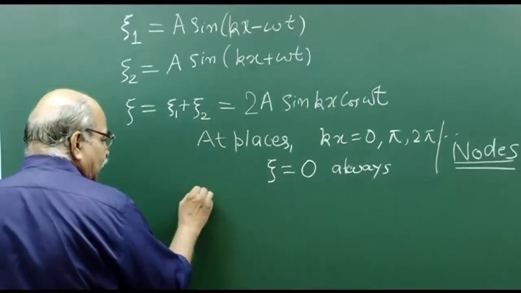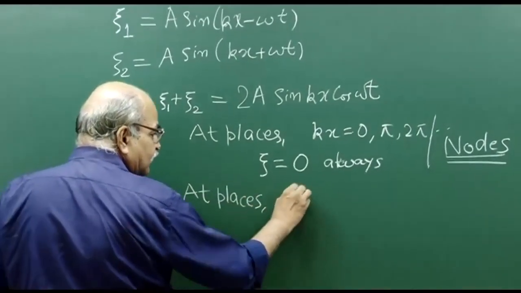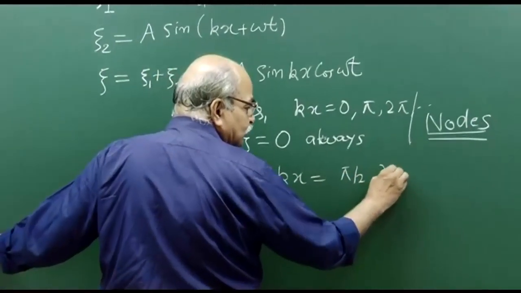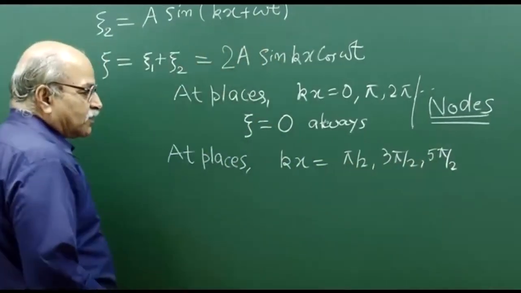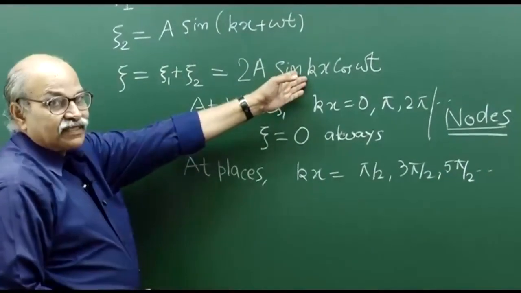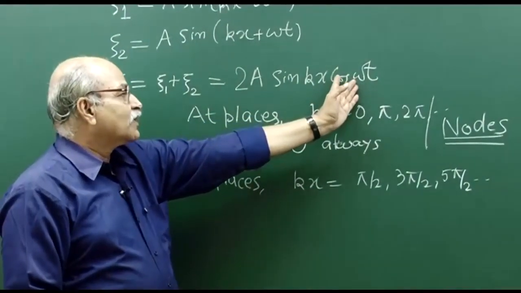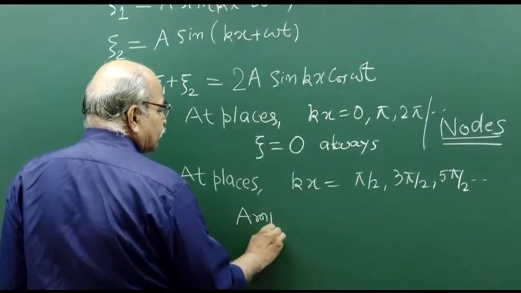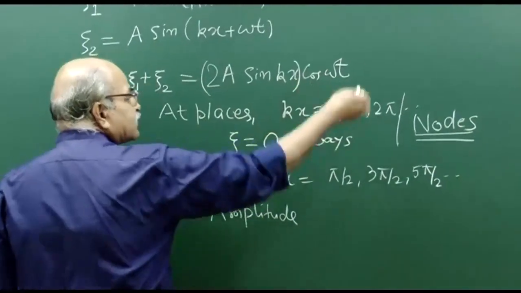And then you have other positions midway between these, where kx is pi by 2, 3 pi by 2, 5 pi by 2, odd integral multiples of pi by 2. In that case, the sine is always 1 or minus 1, it does not matter, because the cos omega t is anyway going from plus 1 to minus 1, minus 1 to plus 1. So, here the amplitude of oscillation, this 2A sin kx is the amplitude and cos omega t is the time variation.